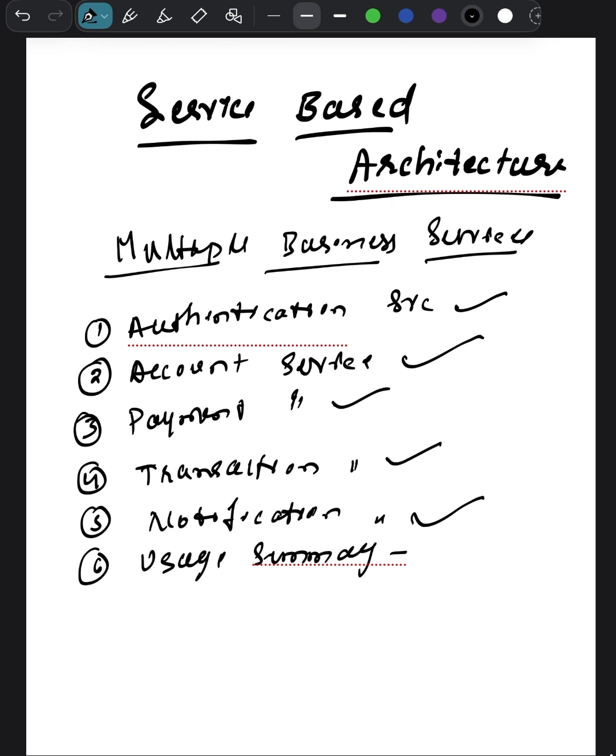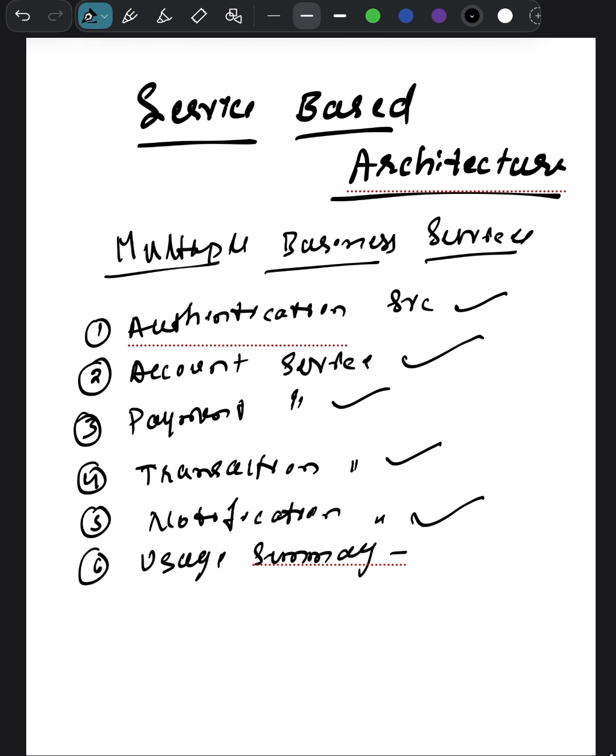So if we want to add new service, you just develop the service independently and if required, call the existing APIs and launch it, right? The other services are not at all affected.